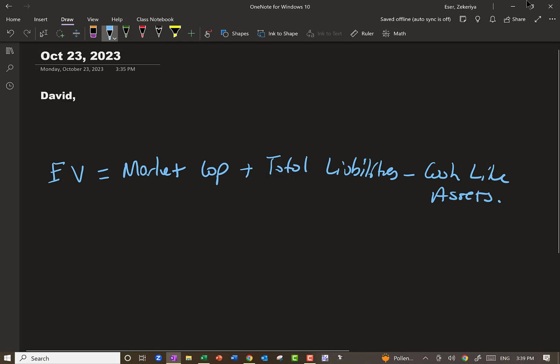The idea being cash or near cash assets, or if you think of these as net liabilities, liabilities net of cash and cash-like assets. So that's the only thing I changed.